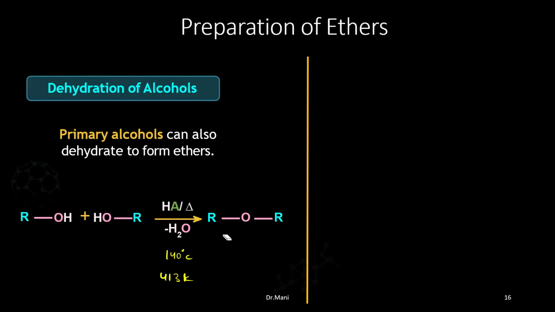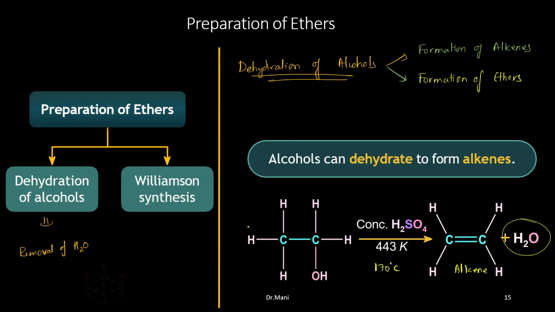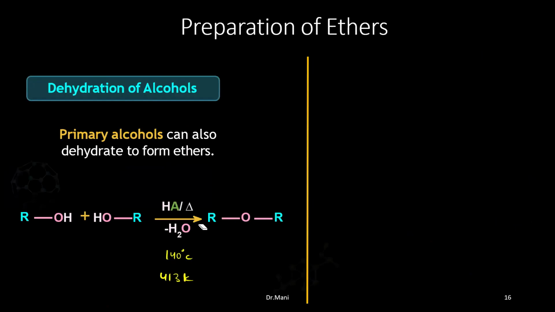So which one needs less temperature to form the ether? Which one needs high temperature to form the alkene? Just remember that. If you use 140 degrees Celsius and 413 Kelvin and a primary alcohol, what is the meaning of primary alcohol? The carbon to which the OH group is attached is a primary carbon. That primary alcohol will give the ethers.